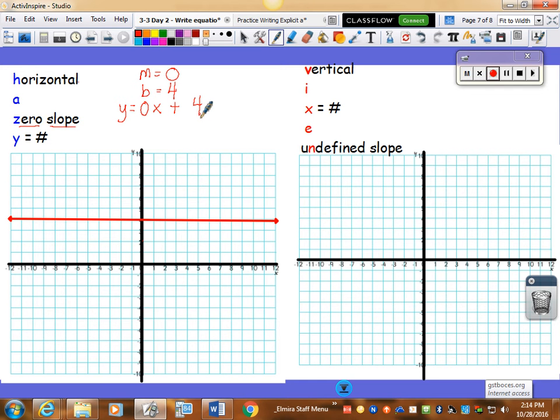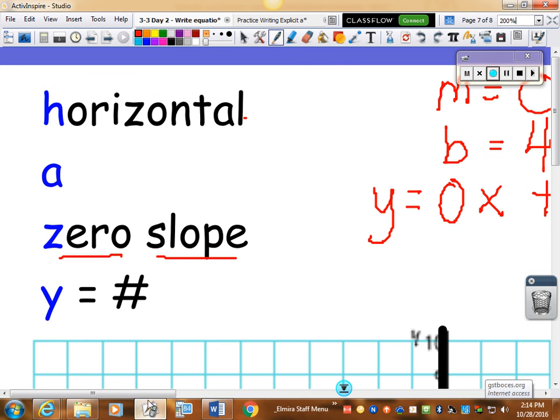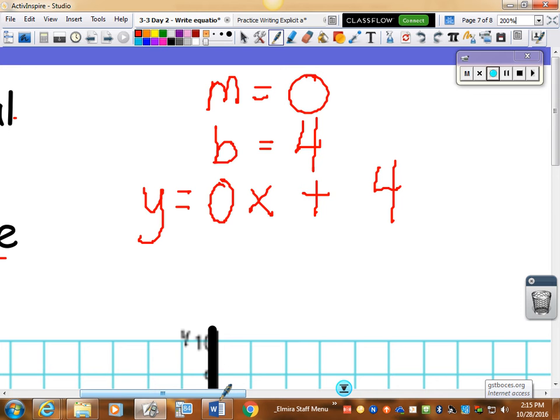And that's all fine and good, except that, let me blow this up a little bit. 0 times anything is 0. Doesn't even matter what x is. It's special just for 0. So y actually would equal 0 plus 4.